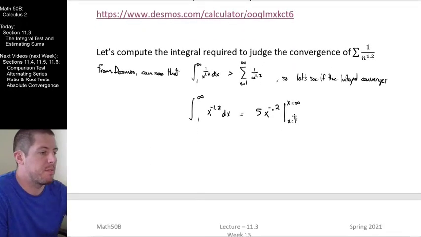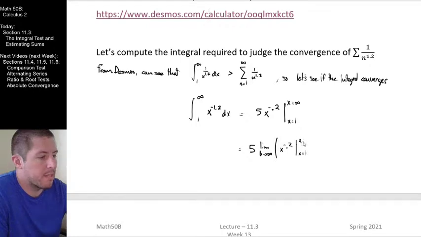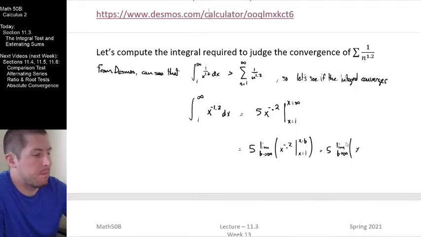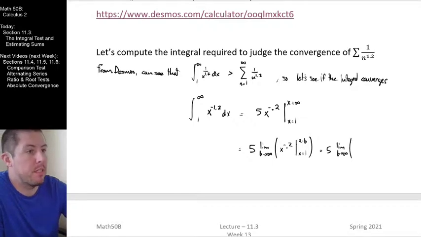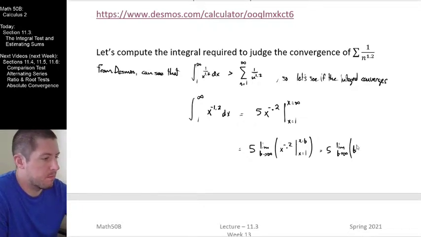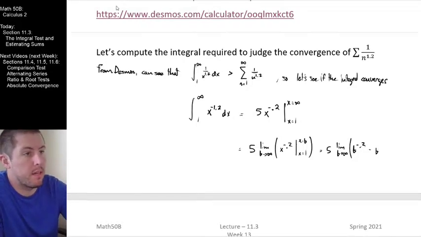And now let's do this in terms of the proper notation for this. This should be 5 times the limit as b goes to infinity of x to the negative 0.2 from x equals 1 to x equals b. And that should be giving me 5 times the limit as b goes to infinity of b to the negative 0.2 minus 1 to the negative 0.2.